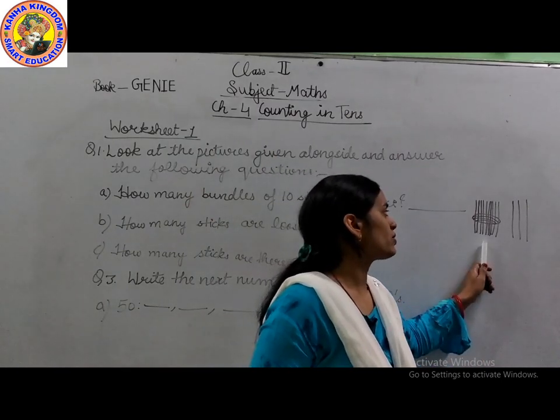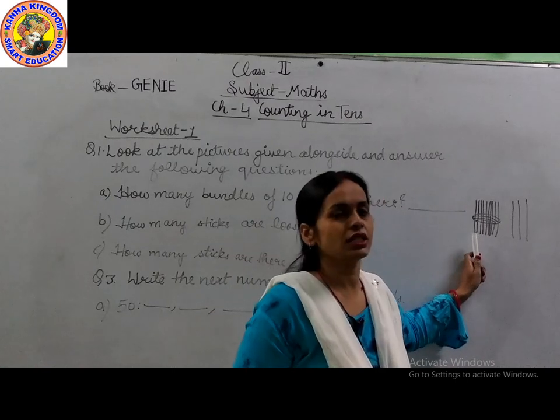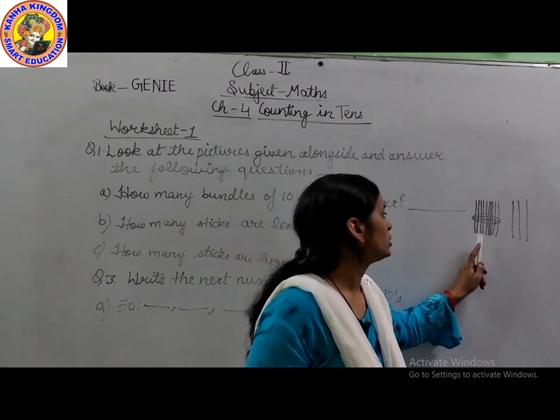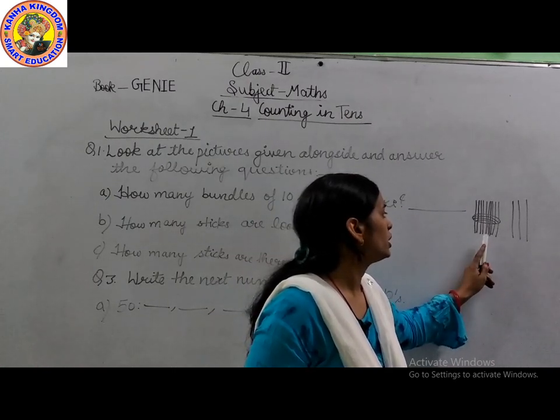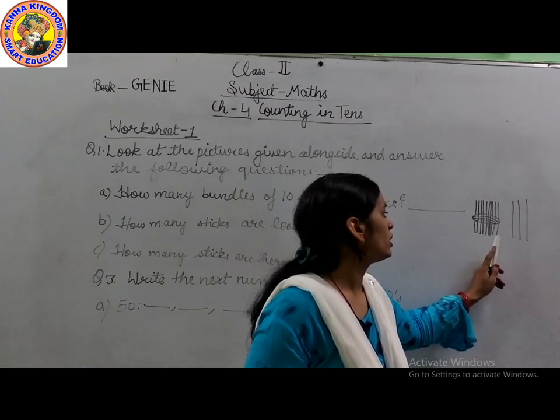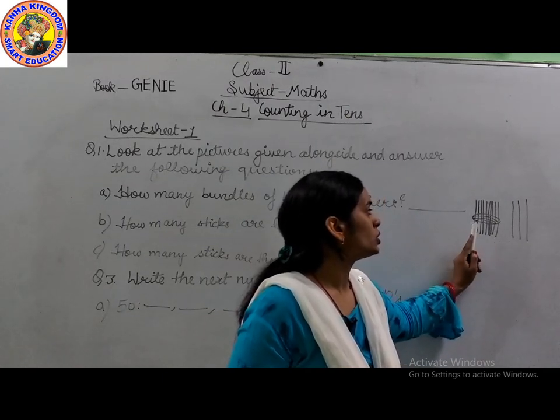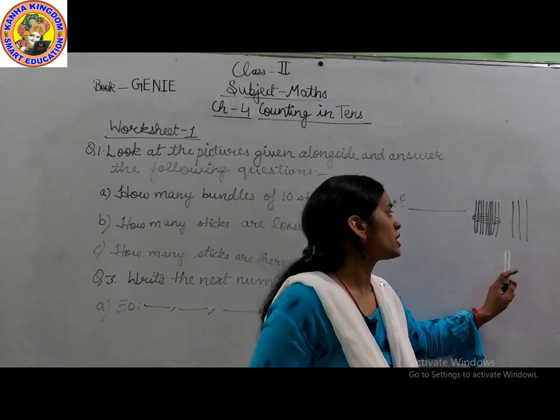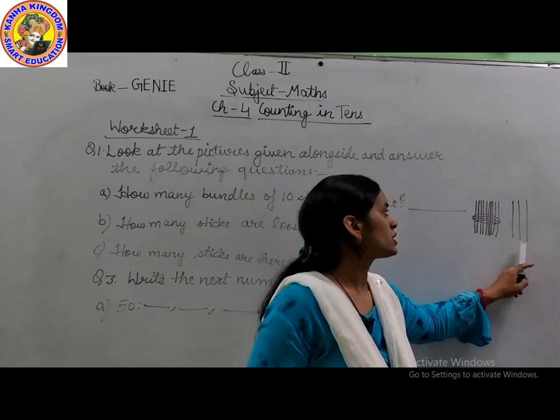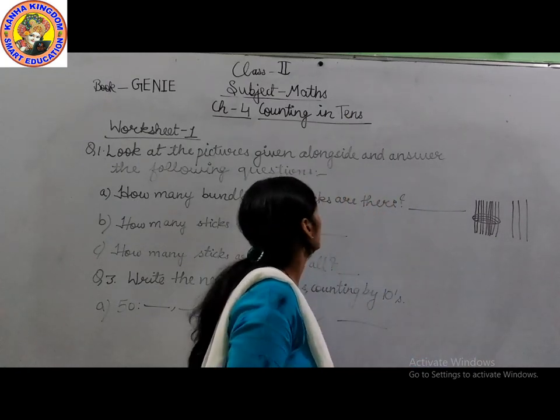This is a bunch of sticks. How many sticks in a bunch? 1, 2, 3, 4, 5, 6, 7, 8, 9, 10. So this is a bunch of 10 sticks and 3 sticks are loose.